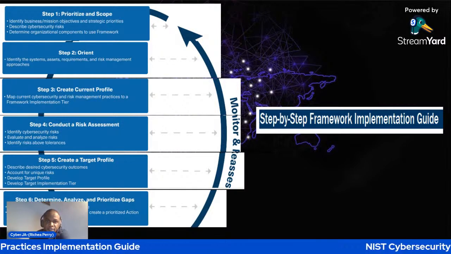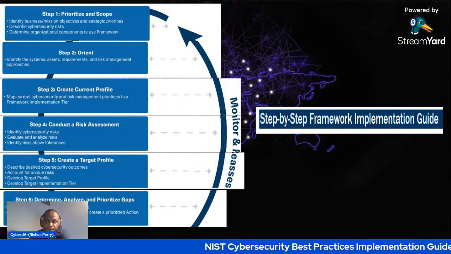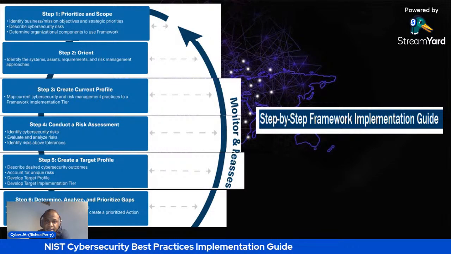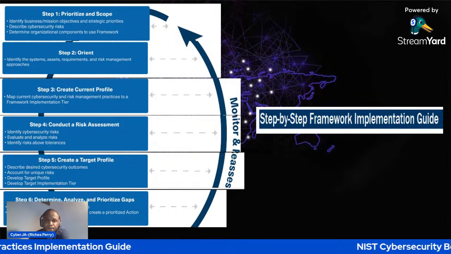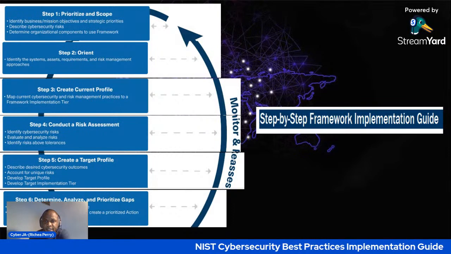The sixth step is to determine, analyze, and prioritize gaps. In this step, the organization compares the current profile and the target profile to determine gaps.